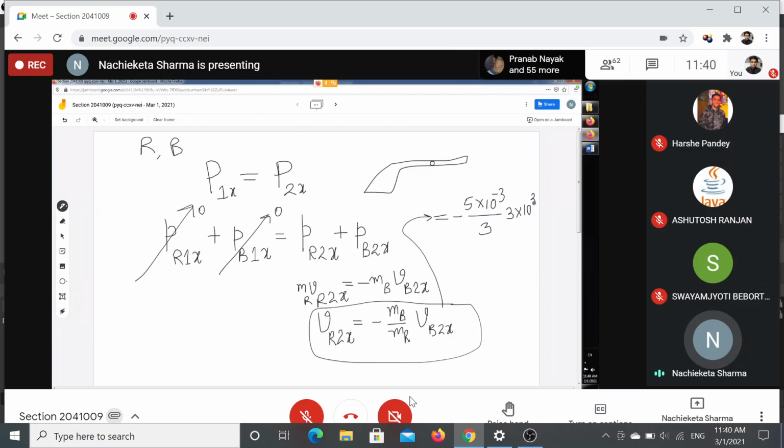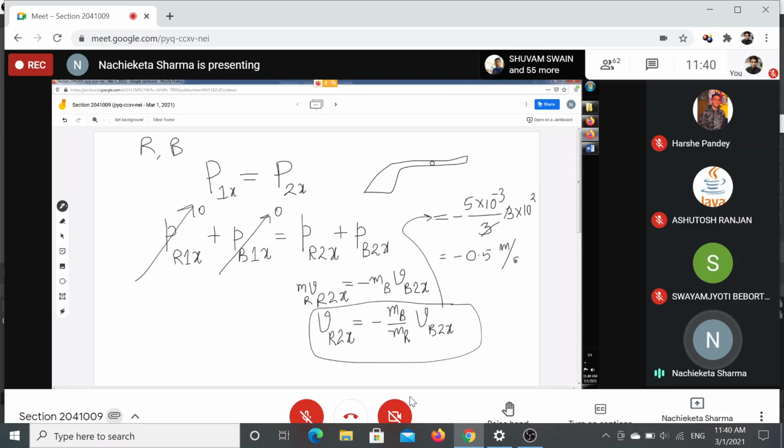Then the calculation: 3 cancels, 10 to the power minus 3 into 10 to the power 2 is 10 to the power minus 1. So that will be minus 5 by 10, which is minus 0.5.